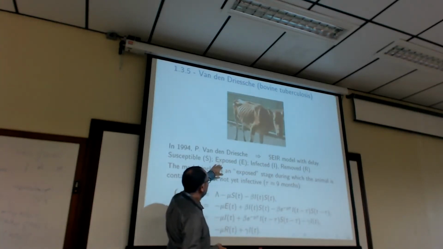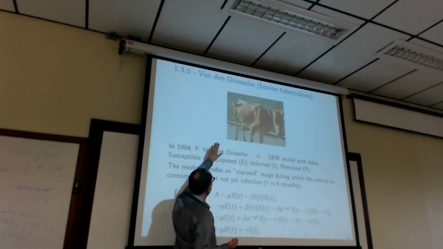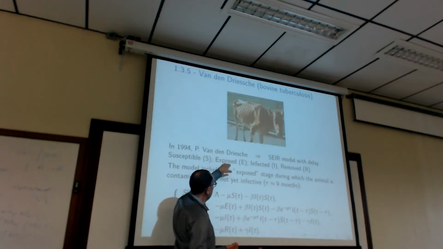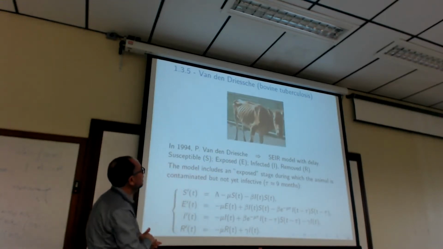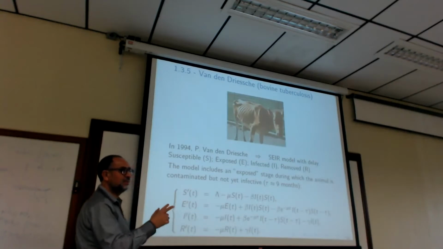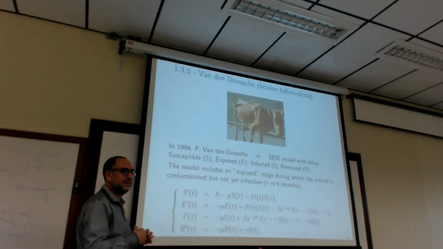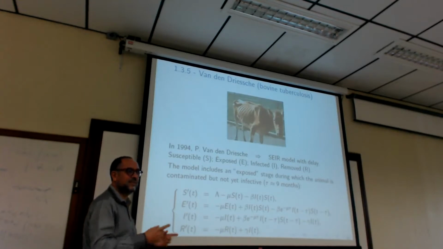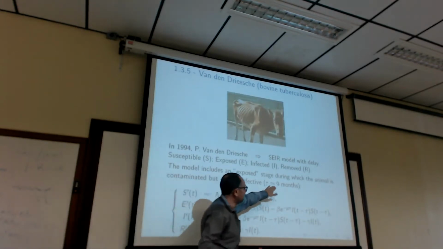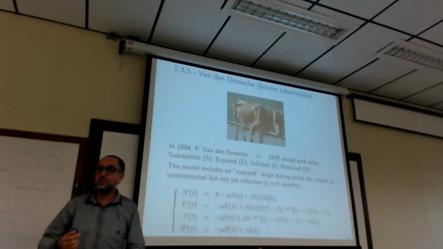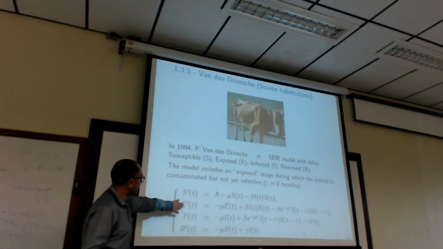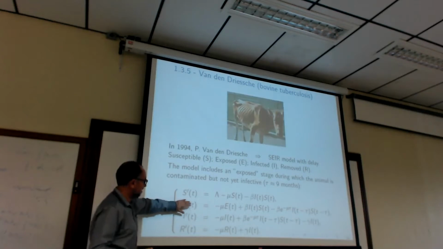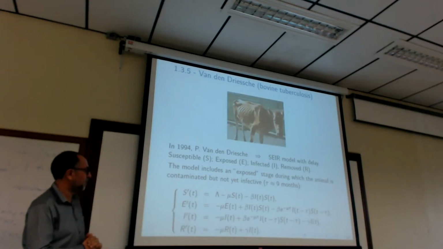The new thing in this model is the exposed class, because for tuberculosis you can be exposed, you can have the disease but not yet be infective, and you need 9 months to become infective. This is why we cannot consider this population as I. This is considered separately.